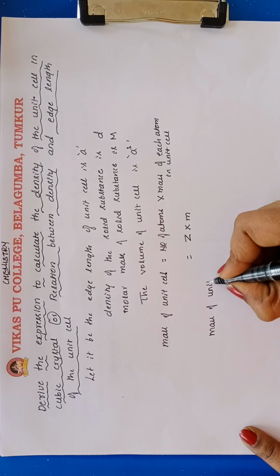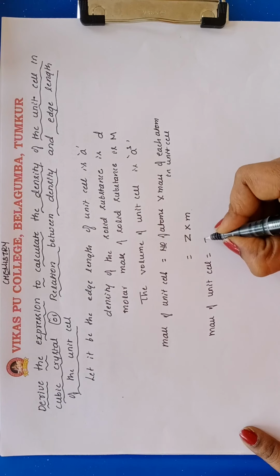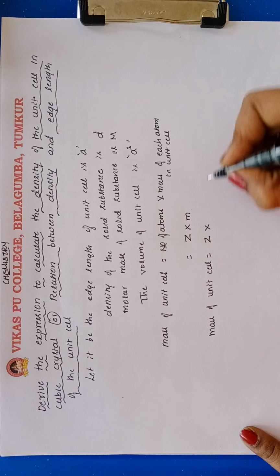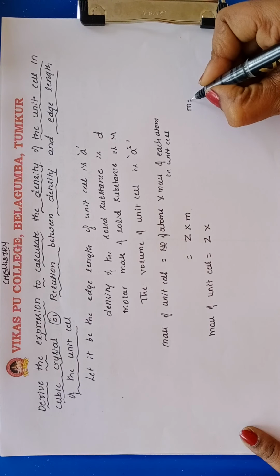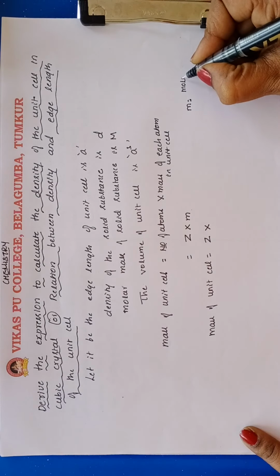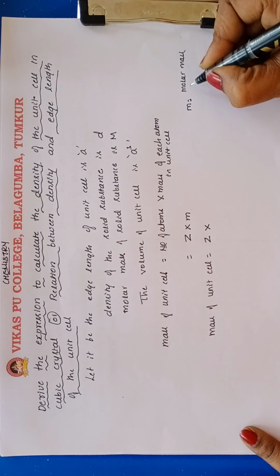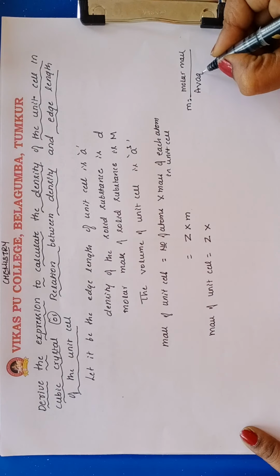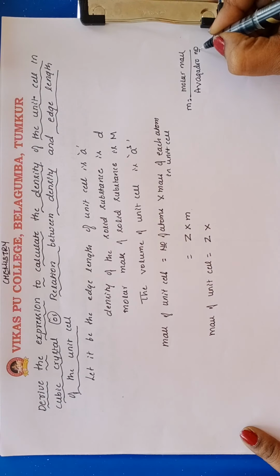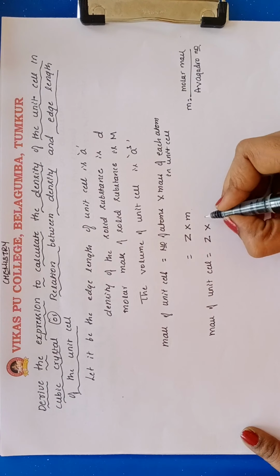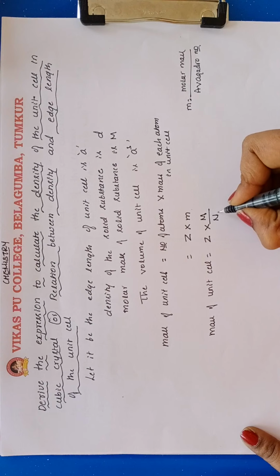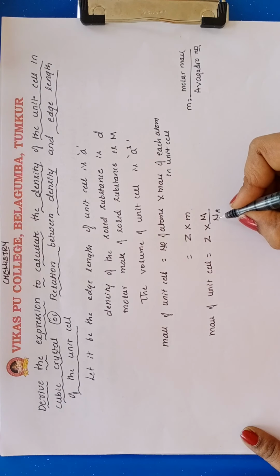The small m is equal to molar mass divided by Avogadro number, that is capital M divided by Na. Capital M is the molar mass, and Na is Avogadro's constant.